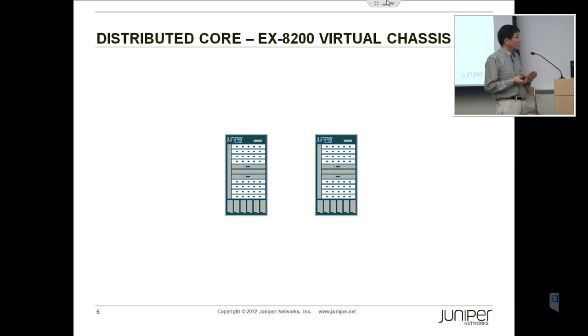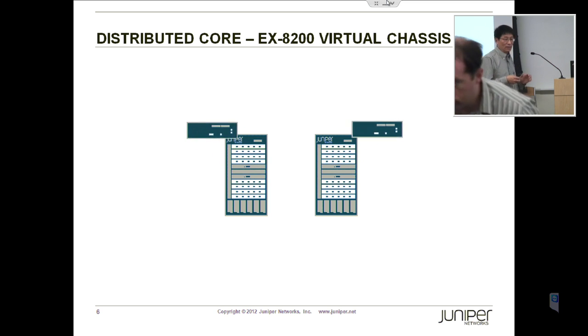We also have another line of products, the EX8200. Those are chassis, the 8216 and 8208. The 8216 has 16 line cards, 1 gig or 10 gig. We brought the virtual chassis technology to this platform also, but we did it a little bit differently.